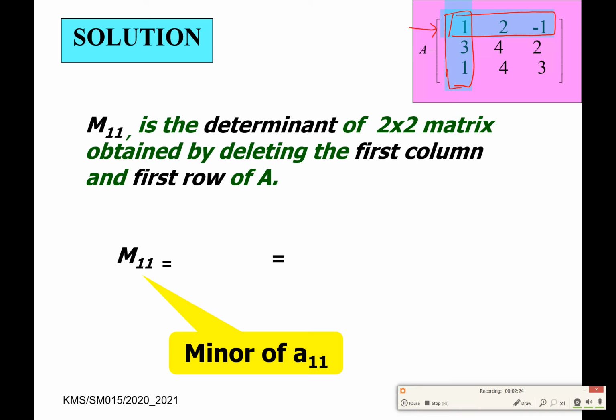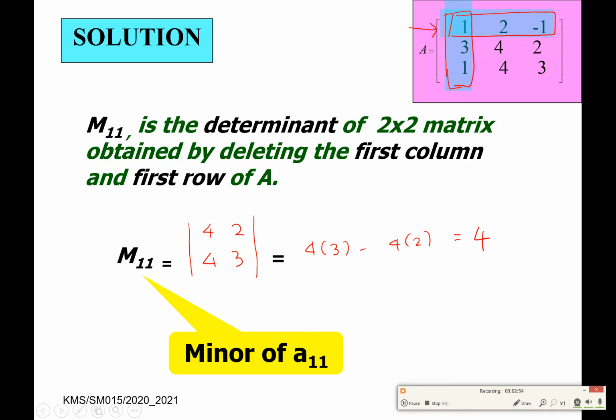So M11 is the determinant of 4, 2, 4, 3. From this it is 4 times 3 minus 4 times 2, so this is 4. That is the minor of a11.